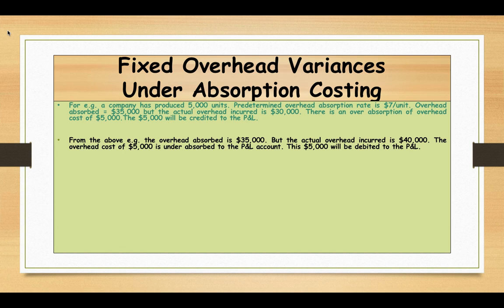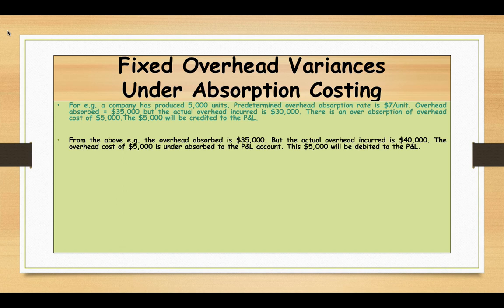As I mentioned before, when we get the invoice from our supplier, it says $40,000. So this means we have undercharged the $5,000 to our profit and loss account. So this is called under absorption of fixed overhead. So this will be debited to the profit and loss account in order to reduce the profit.